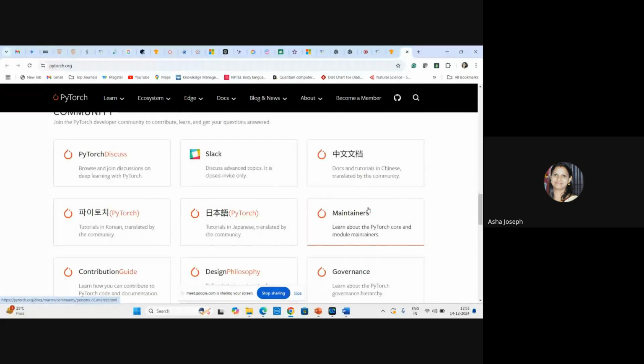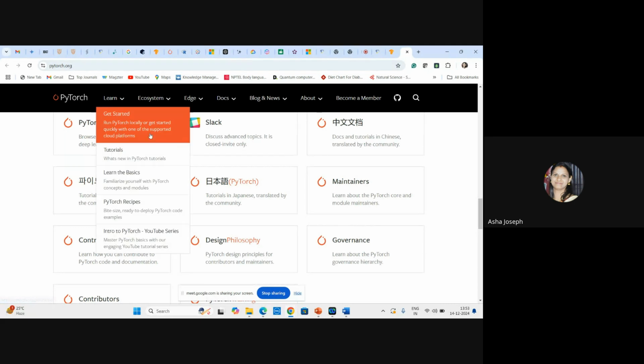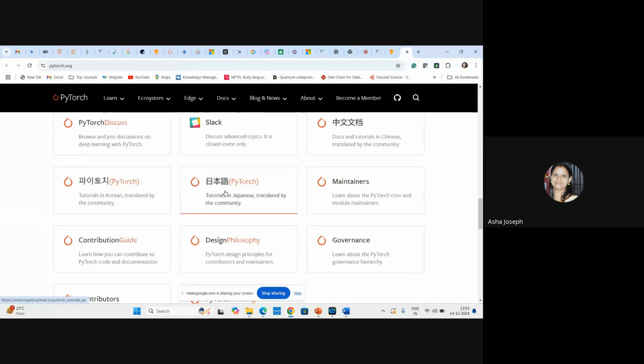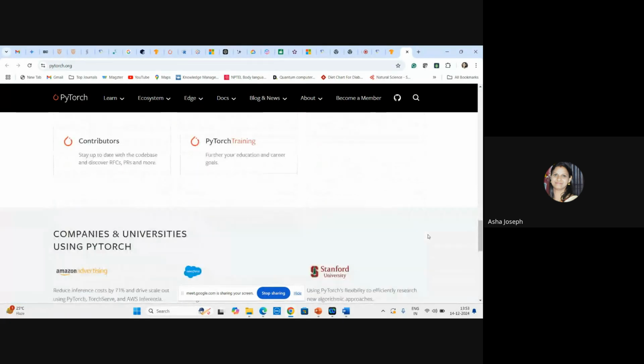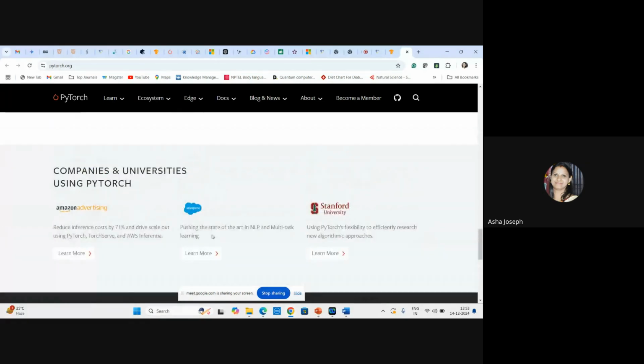You can join the community and the discussions on different topics. So it's not just one PyTorch tool. When you join, you will get a lot of different ideas by discussing with researchers all around the globe. There are different companies, such as Amazon, and different universities using this.